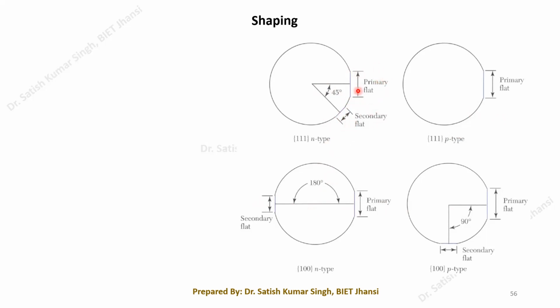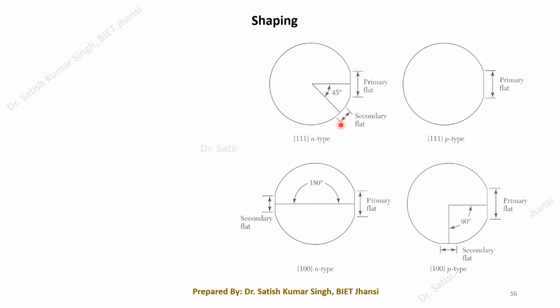So basically the flat which has more width, we will be calling it the primary flat. With respect to the primary flat, the flat which has less width is called the secondary flat. You can see that the secondary flat, with respect to the primary flat, has a particular orientation.